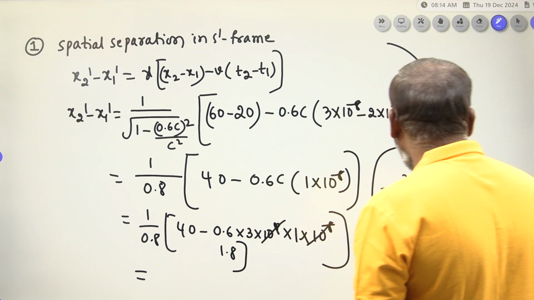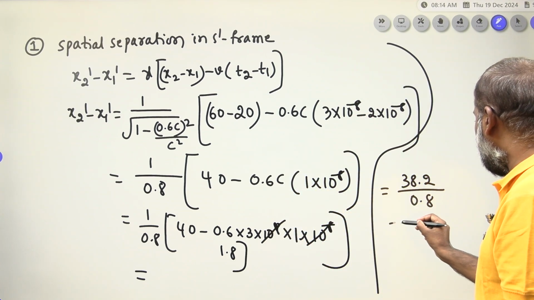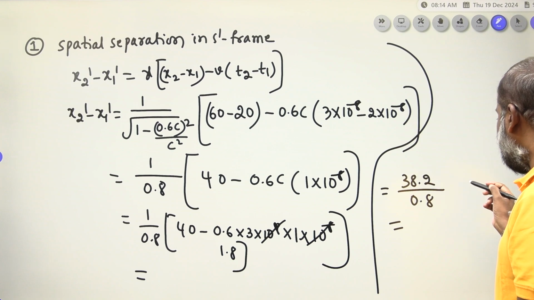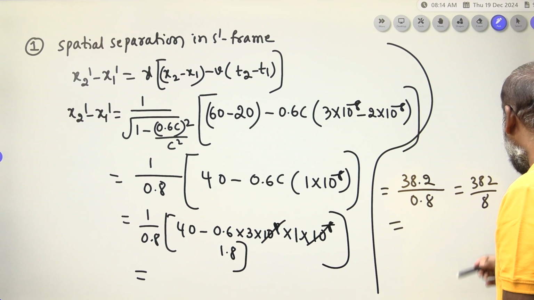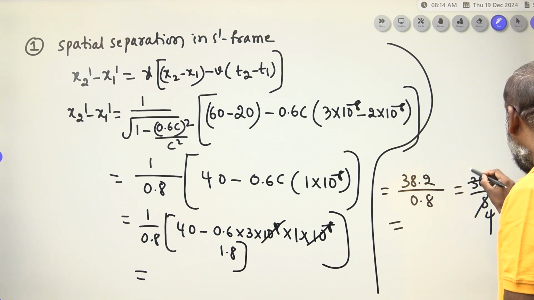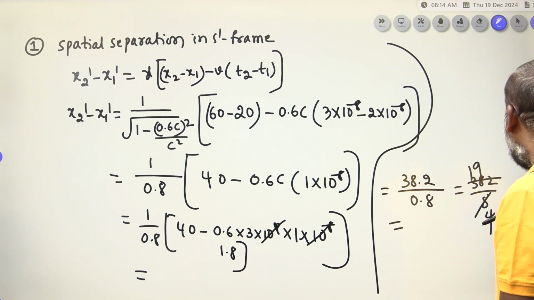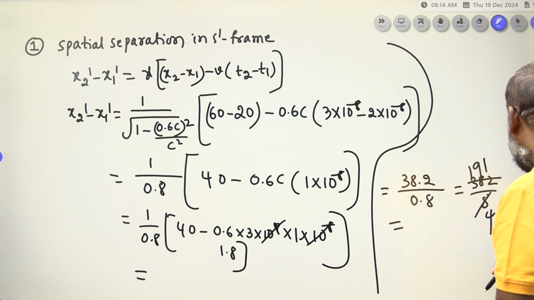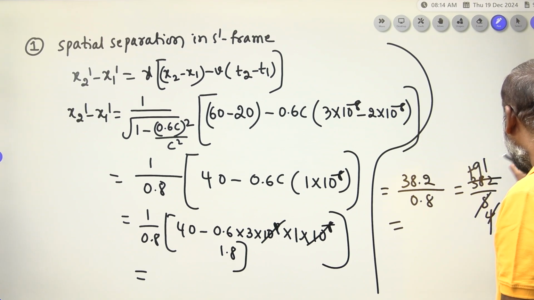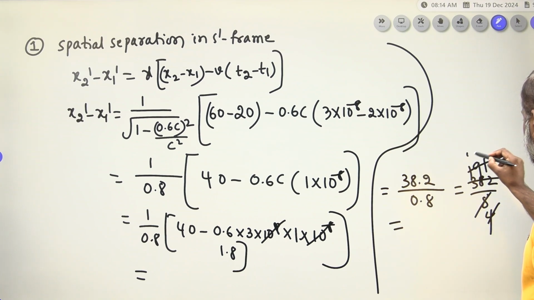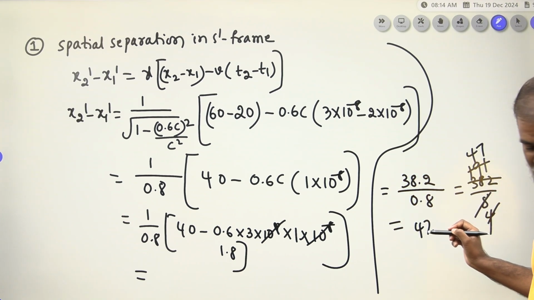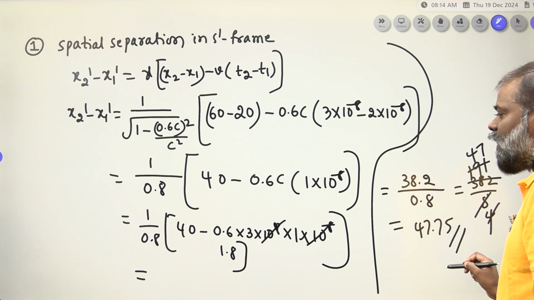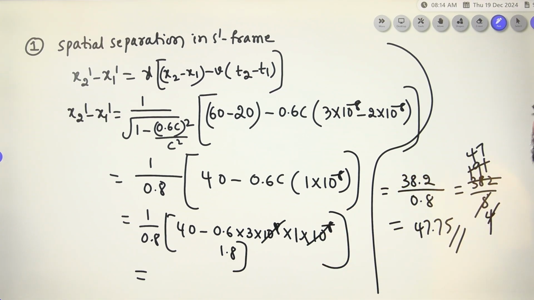You calculate: 382 divided by 8. 47.75 you are getting, clear? So this is the spatial separation.